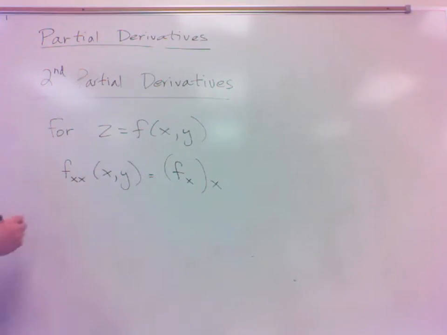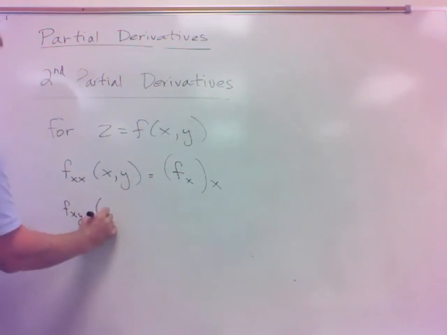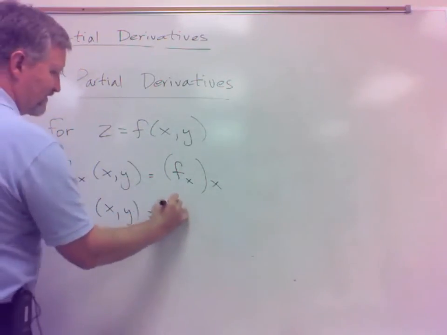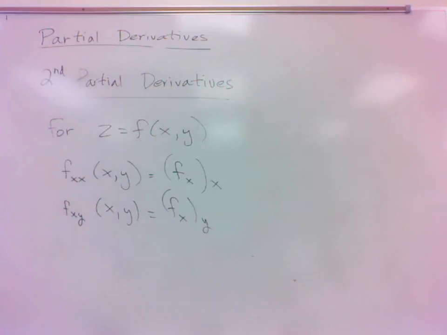But we could take that partial with respect to x and then do a partial with respect to y as a second derivative. So that'll be the partial with respect to x, but then we do that partial with respect to y.